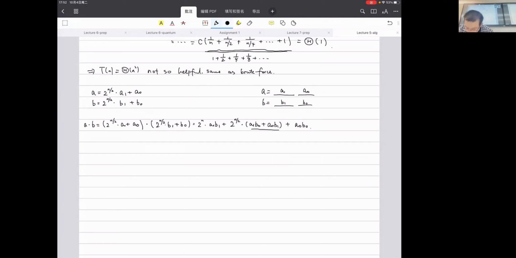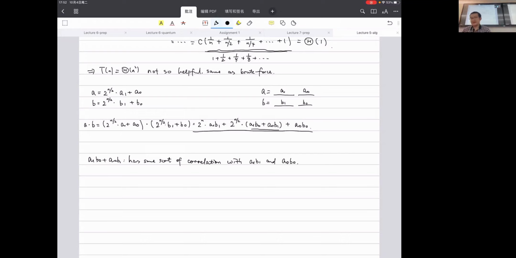This equation is of course noticeable, and this is definitely correct. But you see A1 B0 plus A0 B1. It has some sort of correlation with A1 B1 and A0 B0.